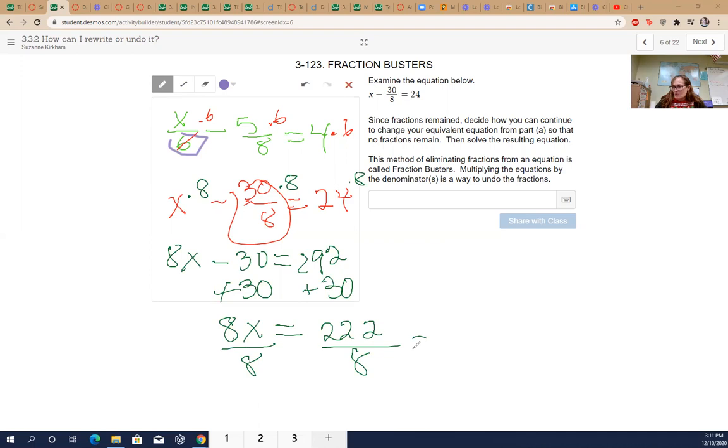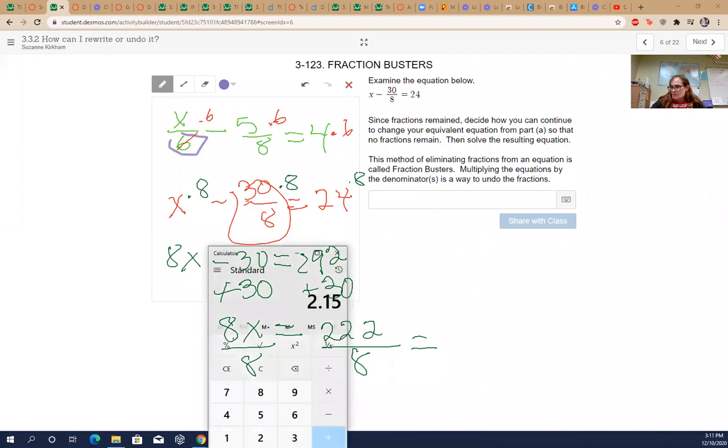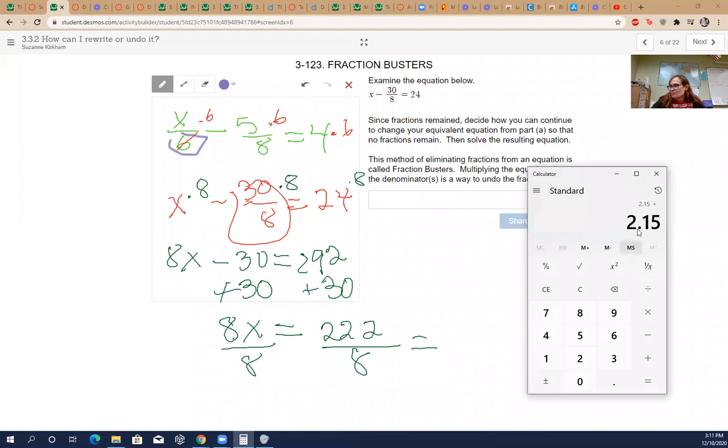And that will give us, if we pull up our calculator over here, let's move that over so we can see what we're doing.